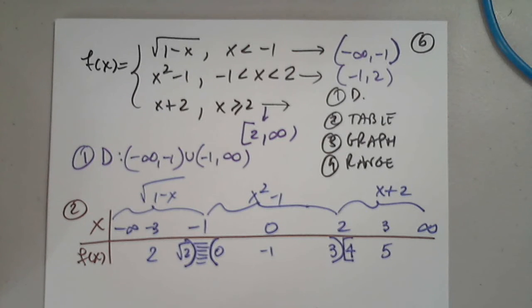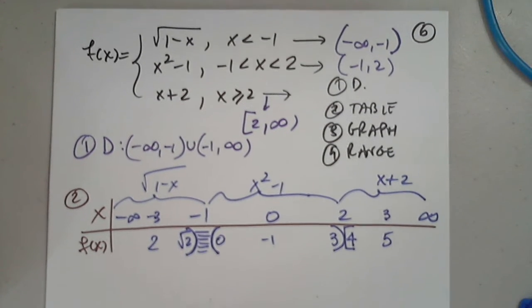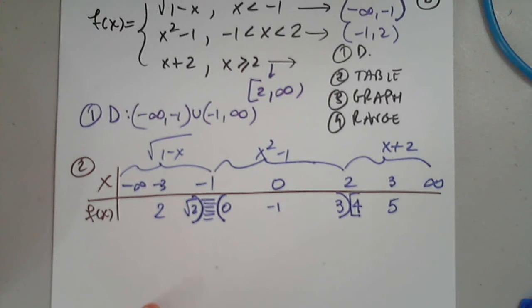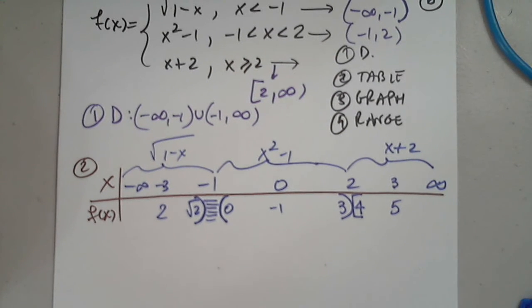No. What is the limit from the right of 2? 4. Perfect. From the left of 2? 3. And from either side of 2? Indeterminate. Does not exist. Indeterminate is one of those 7 cases, and we encountered 3 out of 7 so far.